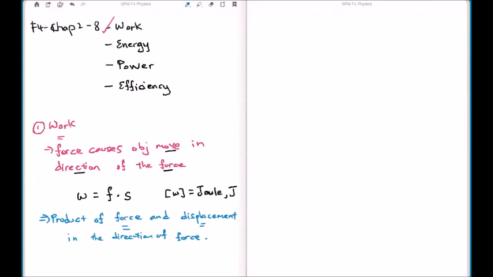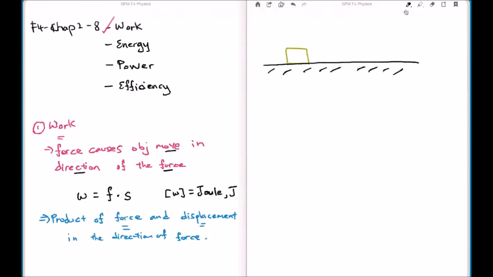Now let me give you an example. You will get a better understanding by using the following example. You have an object over a flat smooth surface. Now you exert a force, and a few seconds later, you pull it to the right.